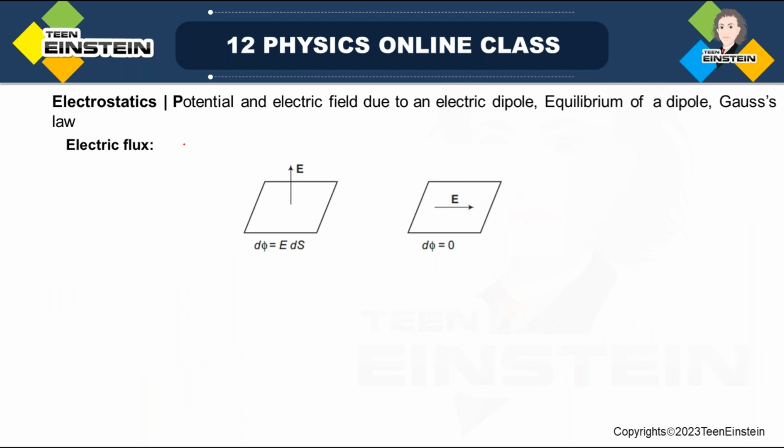Now look, flux we have seen is equal to E dot ds in vector terms itself. So what is the flux if this is the electric field? Suppose the electric field in this case is maximum, because this direction of electric field is along the area vector.